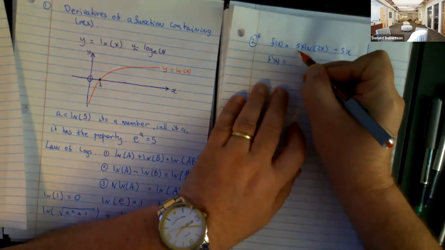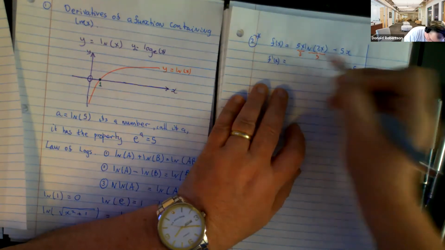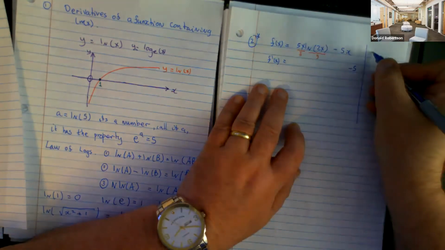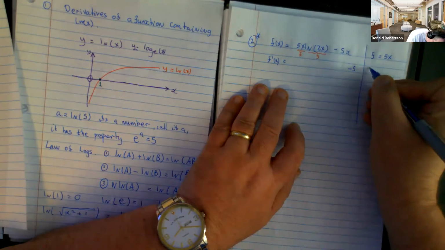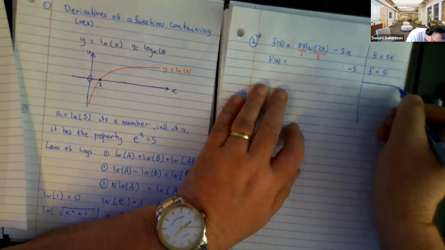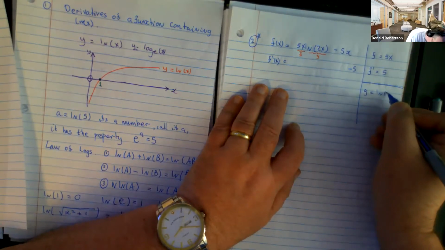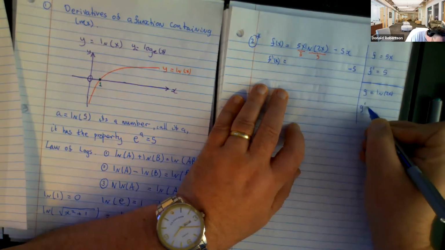So this guy's going to be f, and this guy's going to be g. I'm going to do the working at the side here. So f is 5x, and f dashed is 5. And then g is the natural log of 2x. And I'm now going to deliberately make a mistake.